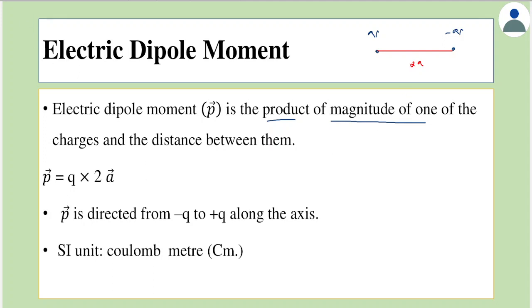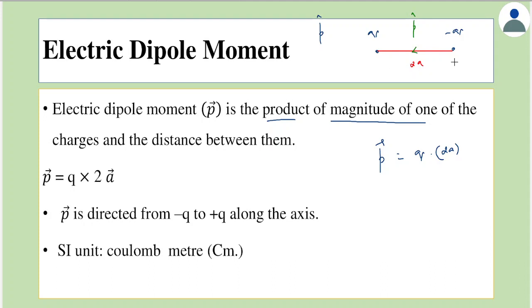Now here we define a term called dipole moment, and that is a vector quantity. This dipole moment is defined as the product of any one charge into their separation. In terms of direction, we define a unit vector called p cap. This p cap is defined to be from minus Q to plus Q. So p cap would be in this direction.